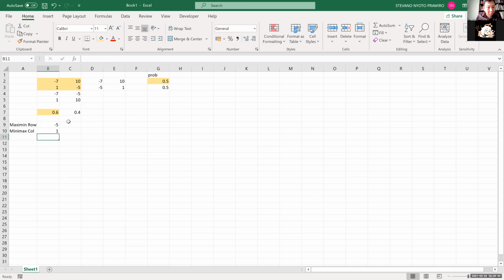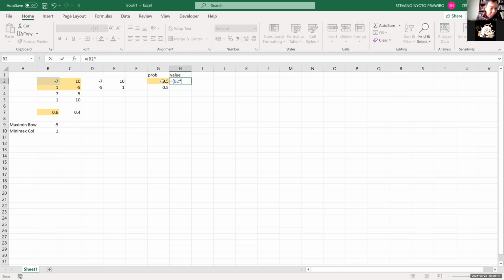So now in H you put value. Okay, then you multiply. That one is equal -7. No, -7 in P2. The payoff multiplied by probability.